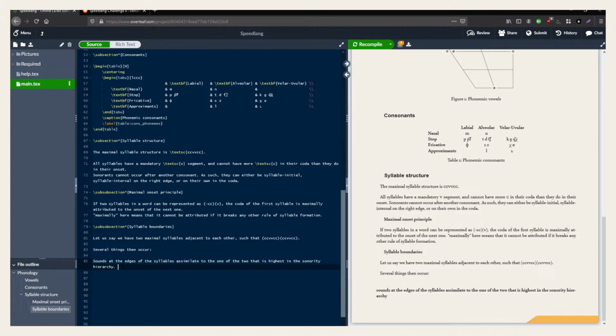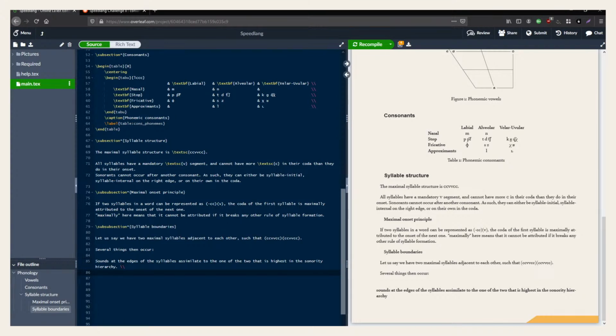Sound at the edge of the syllable assimilates to the one of the two that is highest in the sonority hierarchy. Ooh, this is very bad form. I'm using a jump skip, a line break, whatever it's called. Adding some space, anyway. So yes, they do that.